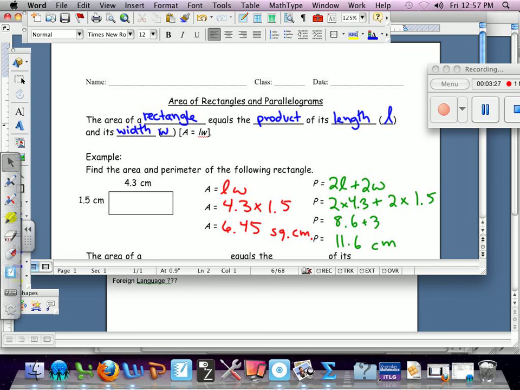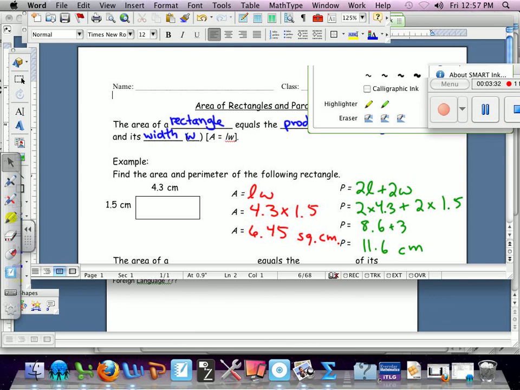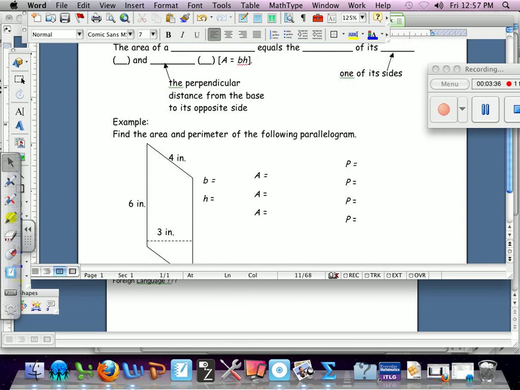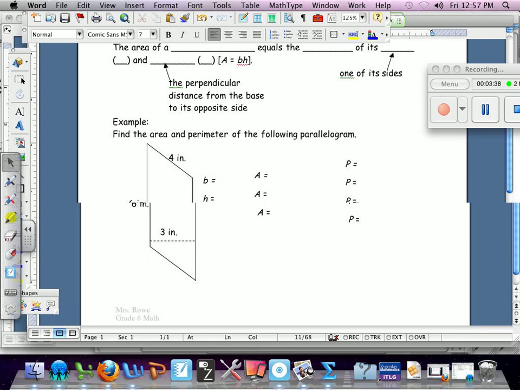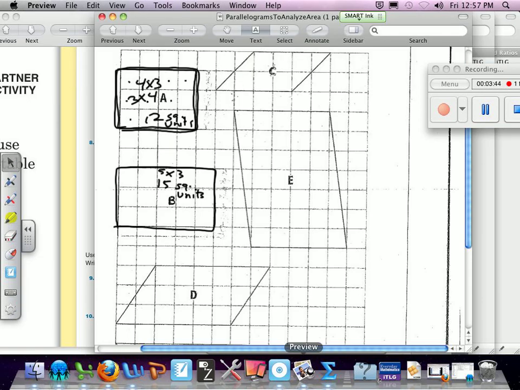But now we got to deal with the parallelograms, which aren't quite as easy as counting out squares, because you have those pieces that are sort of cut along the diagonals of the parallelogram. So our formula is going to be down here, but our visual is over here. If I have a parallelogram, I cannot multiply the outside dimensions. So I instead imagine taking that parallelogram, and typically they're going to give us a measurement inside unless it's on a grid like this.